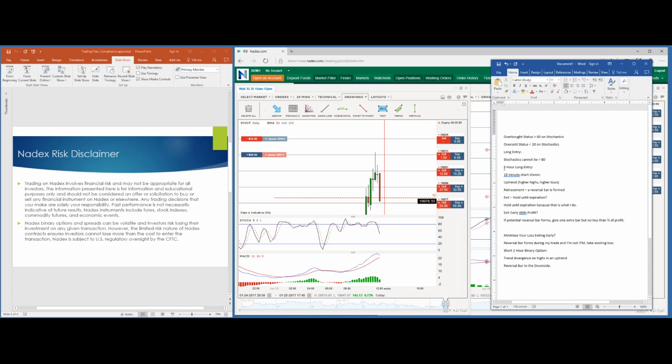So now not only have we defined an entry for longs, but we have also defined entries for shorts. Is everybody understanding this?